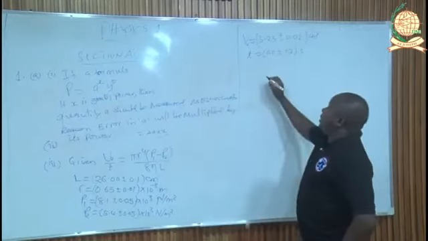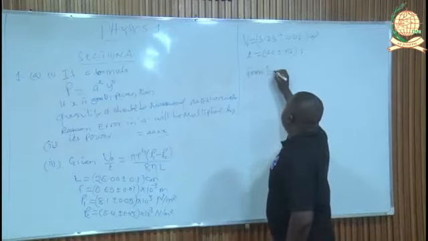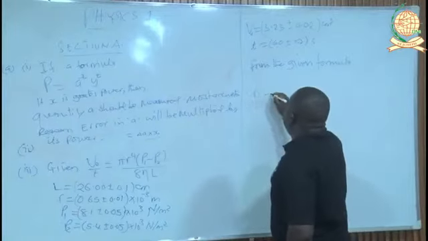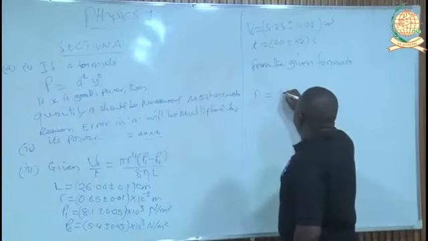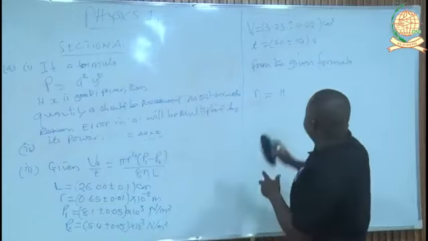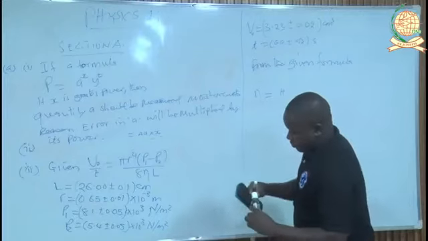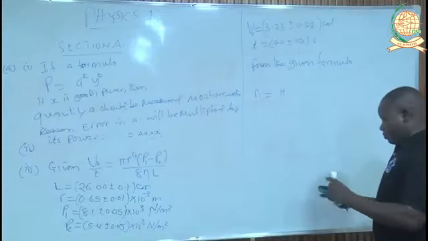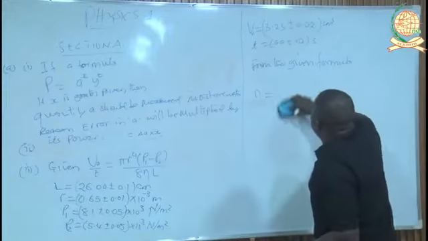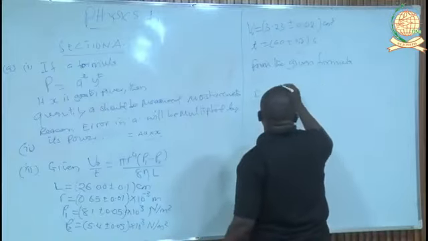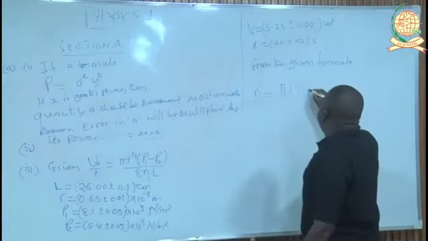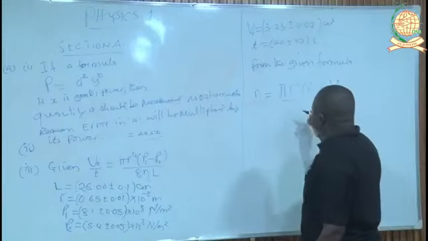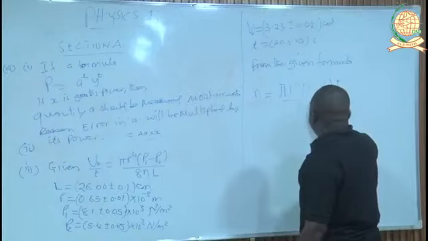That is, eta equals pi R to the power 4 times (P1 minus P2) times t over 8 V L.